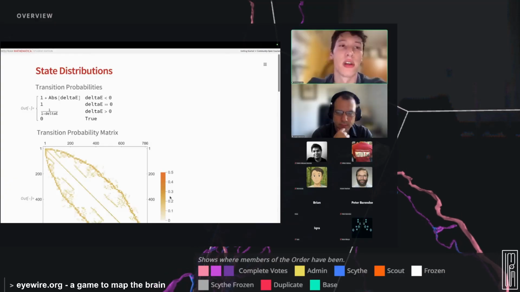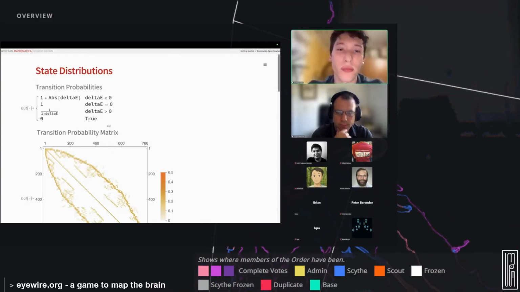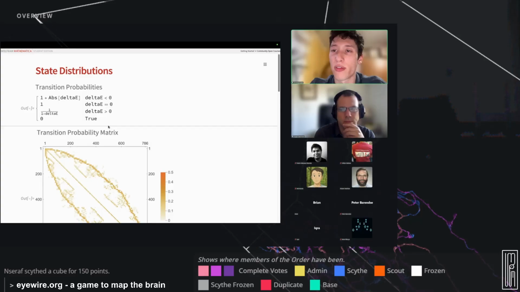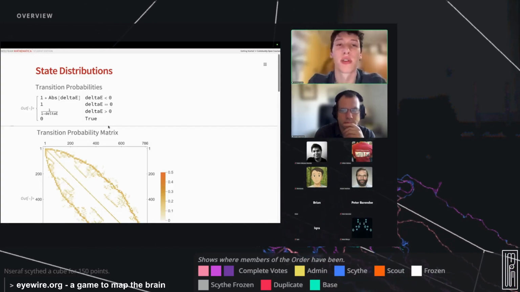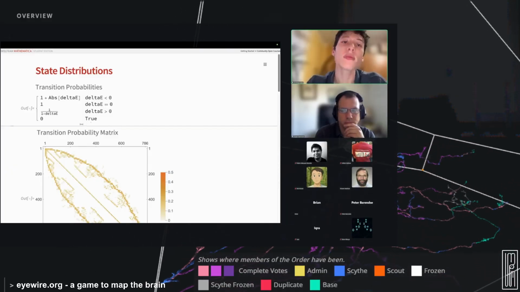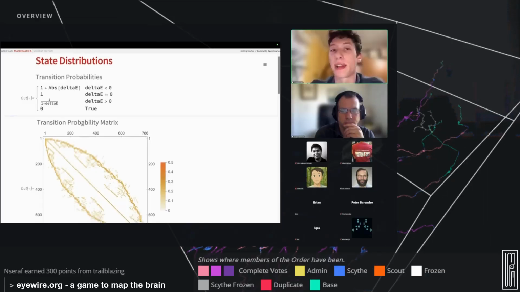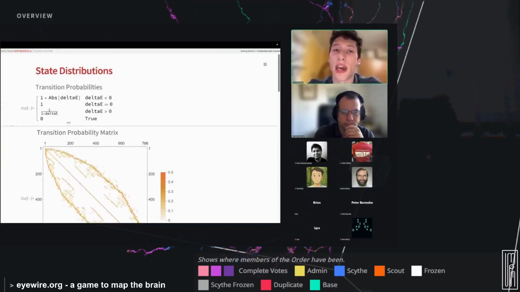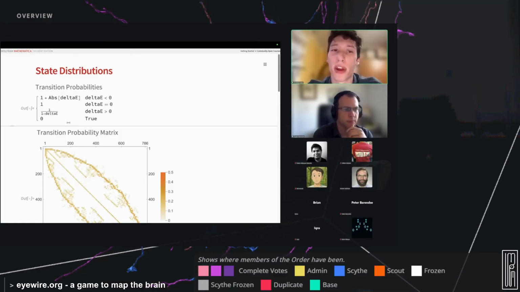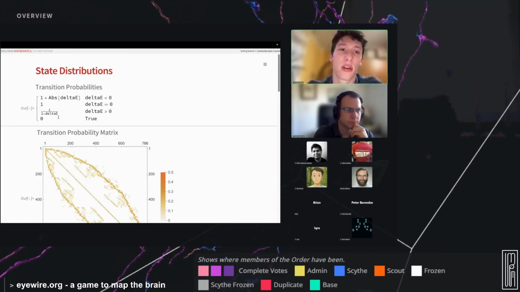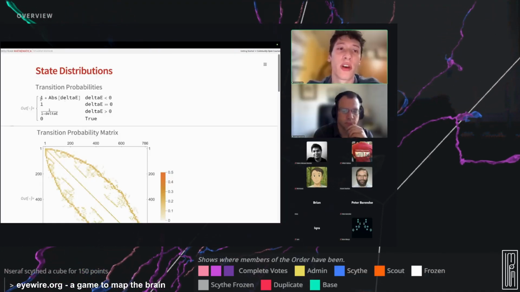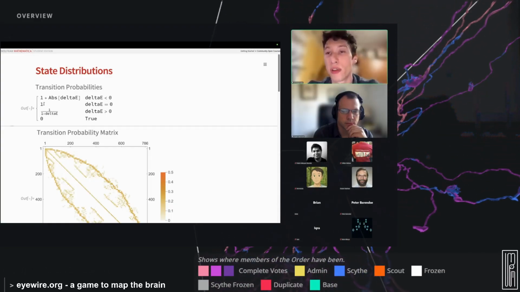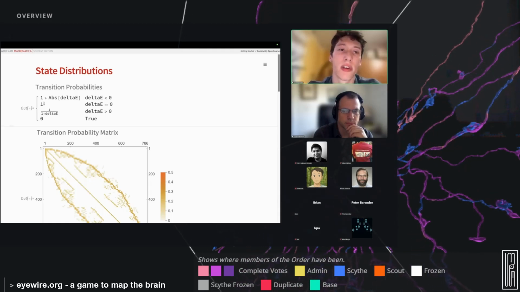Then we can, of course, look at the state distributions. How this works is it takes the full states graph that we had before, run for all steps. From this, we can take the adjacency matrix. Now we weigh each edge by a function over the energy distance. So we get our delta E term here, and if the energy difference between the two states is 0, we assign 1.